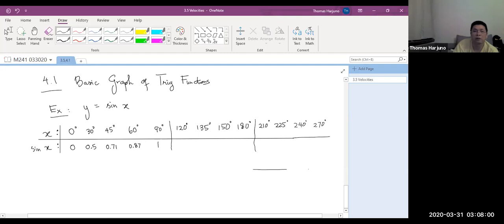And even further, 300 degrees, 315 degrees, and 330. Now let me ask you to use your calculator to get the values of these. I will give you maybe 2 minutes from now, and then later on we will plot this graph.